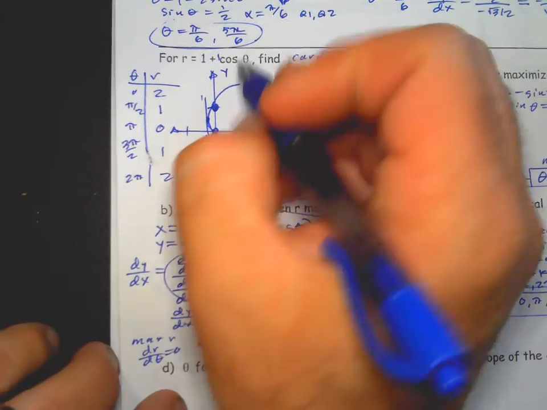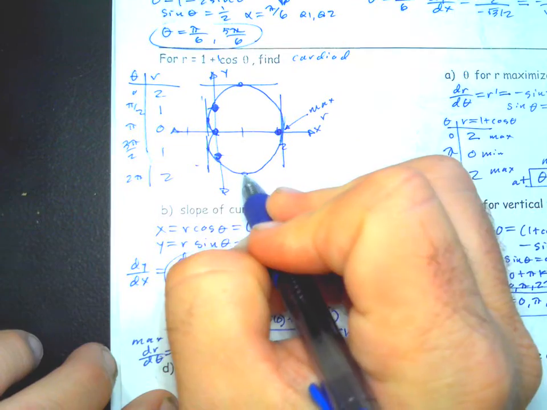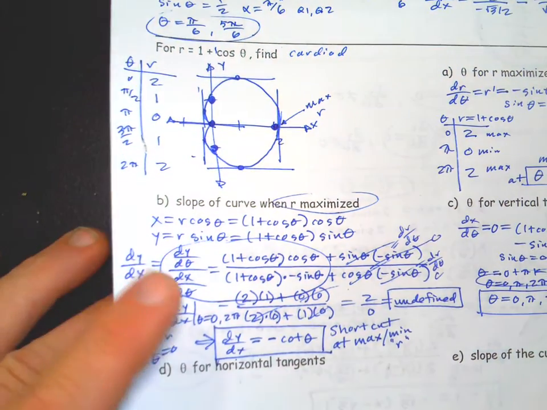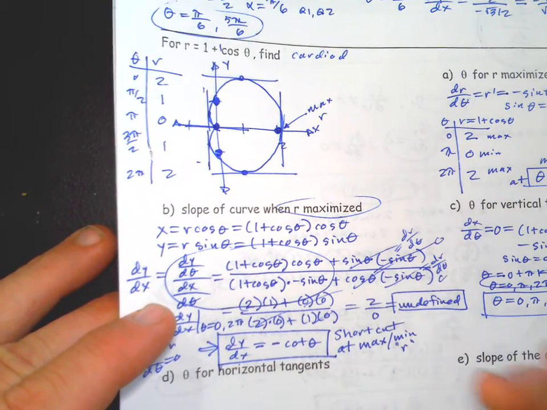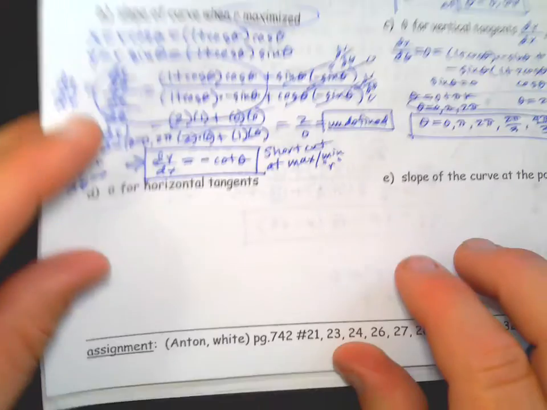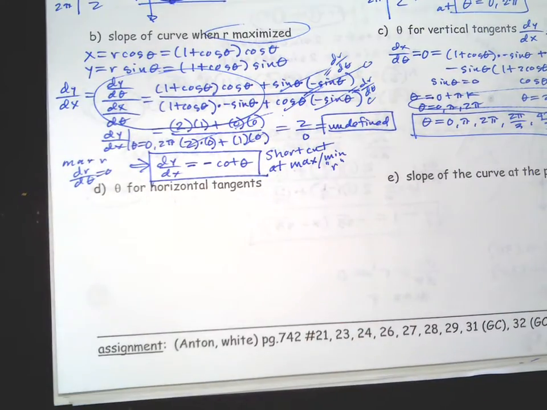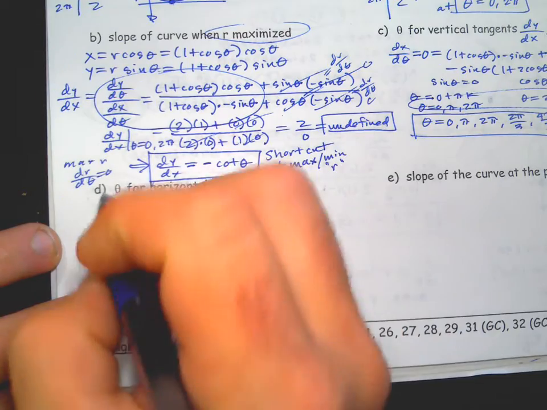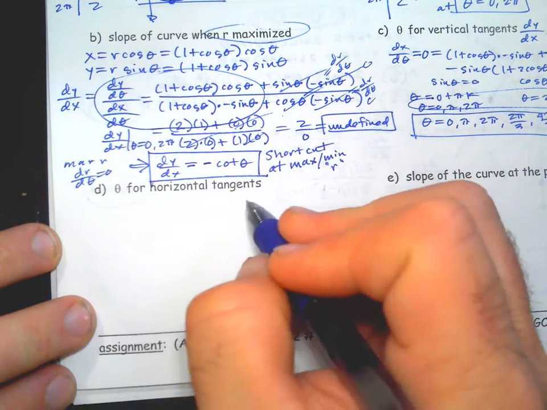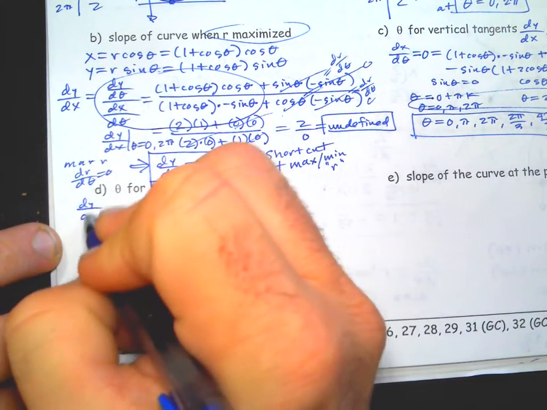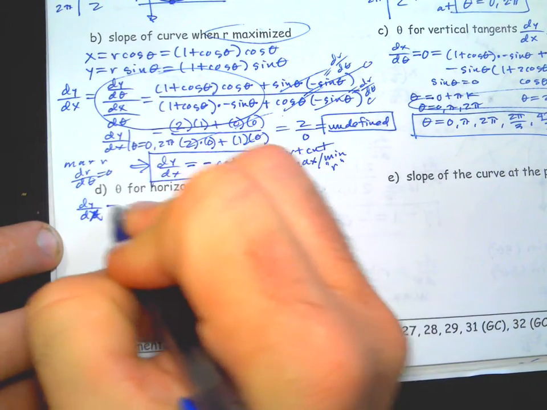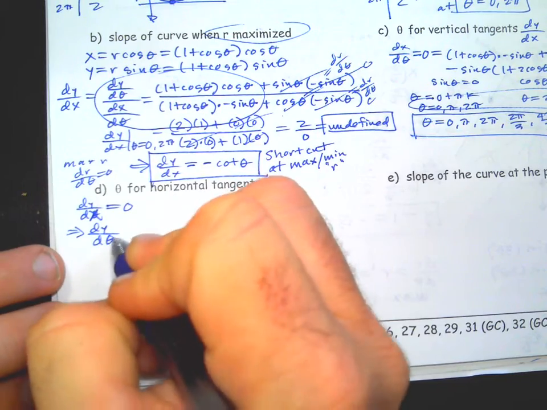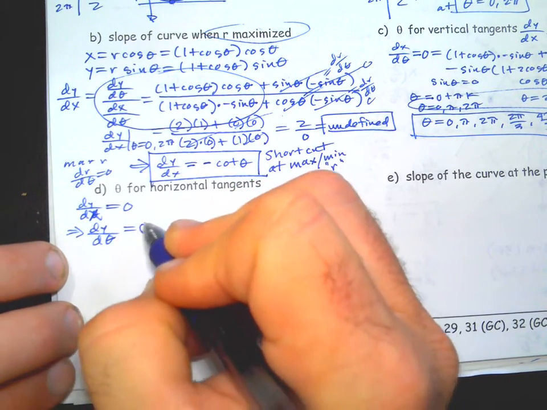Now on our picture, expect one here, here, and I would say at the cusp here. When the cusp is sideways, that's going to be a horizontal tangent. If the graph is up and down, I think that would be a vertical tangent. So I think we're going to get 3 answers. Horizontal tangents are going to be when you get a flat slope. So that's going to be when dy d theta, the numerator of dy dx, equals 0.